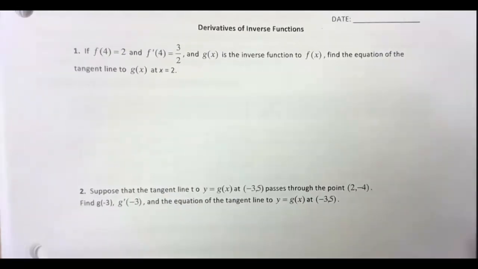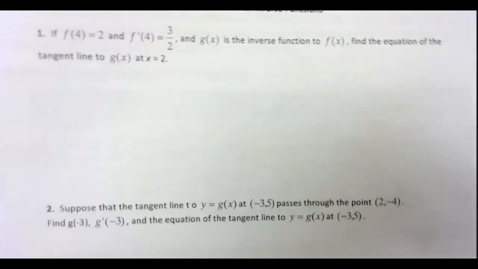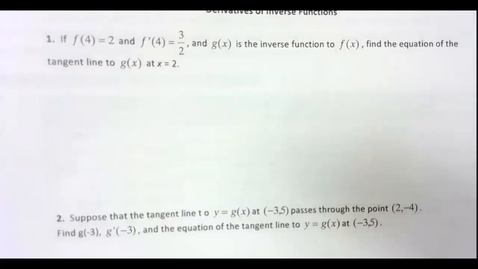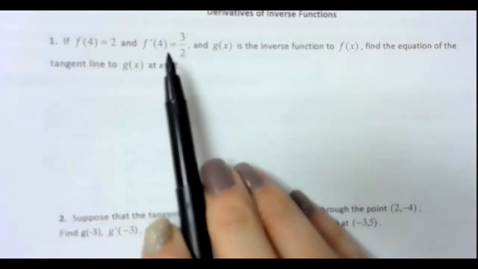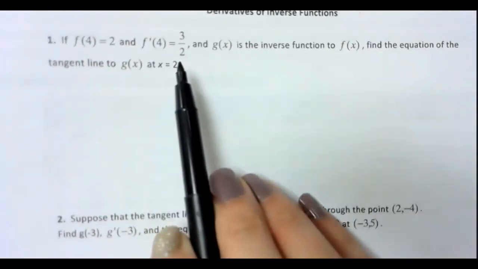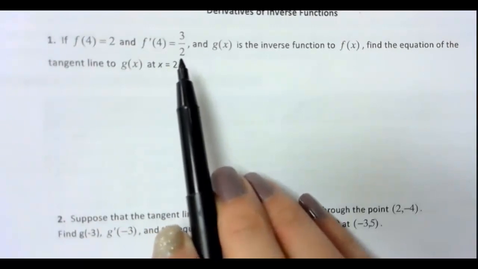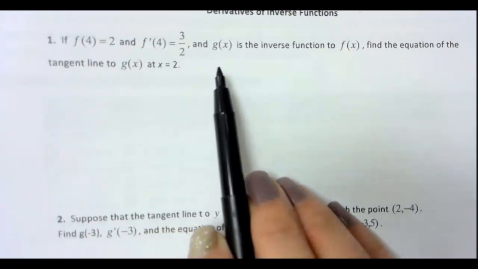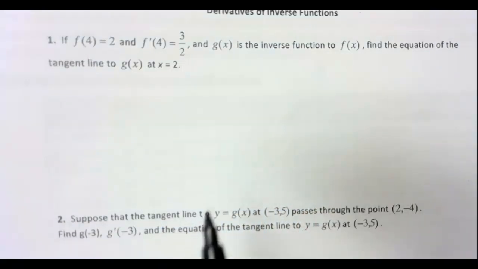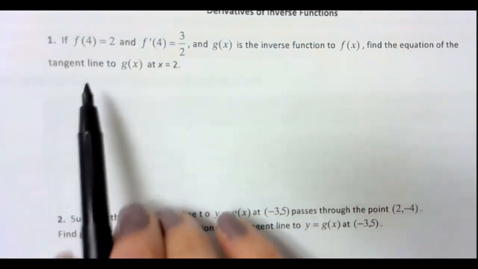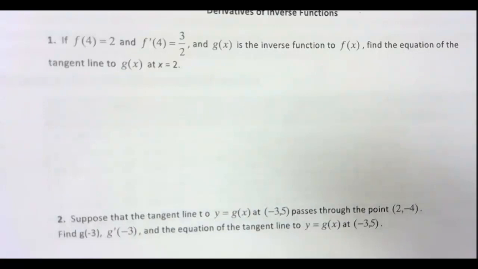So, if f of 4 equals 2, so that's my original, and f prime of 4 equals 3/2, and g of x is the inverse function to f of x, find the equation of the tangent line to g of x at x equals 2.